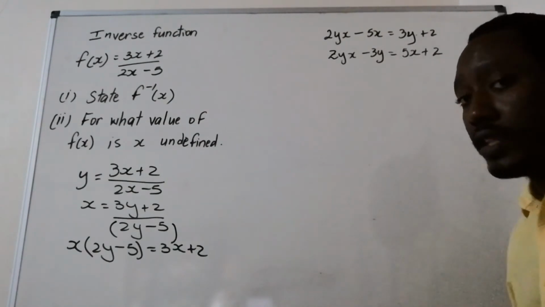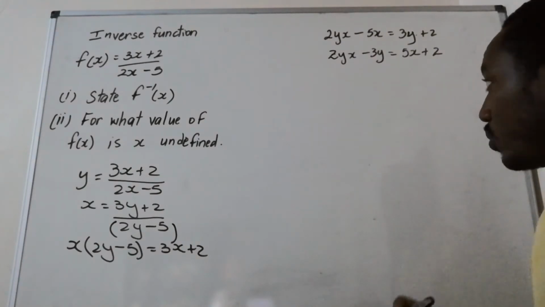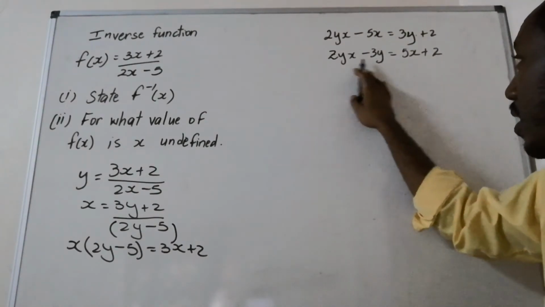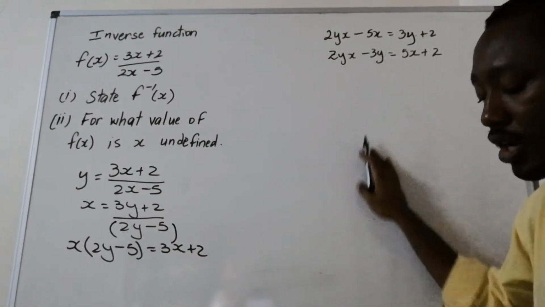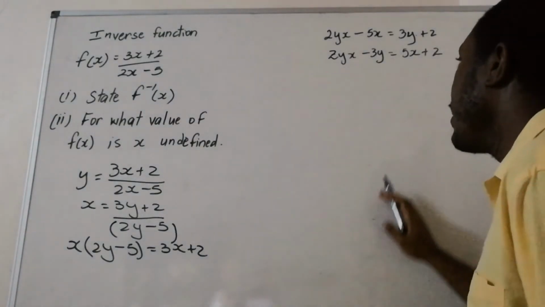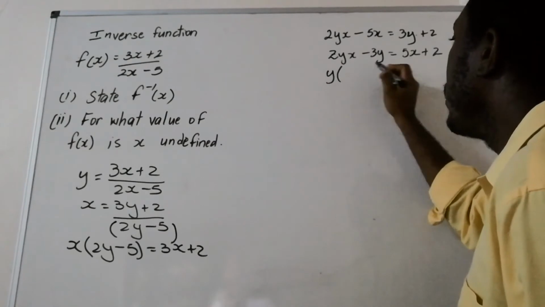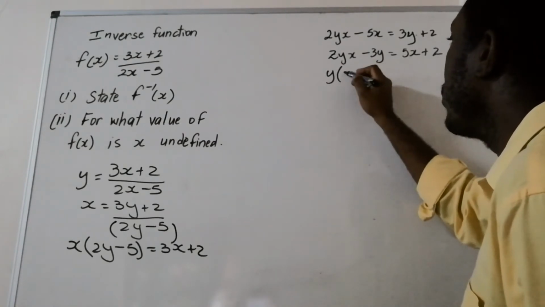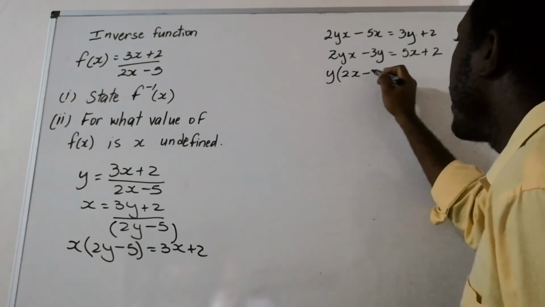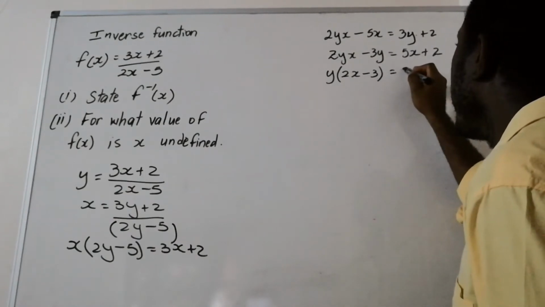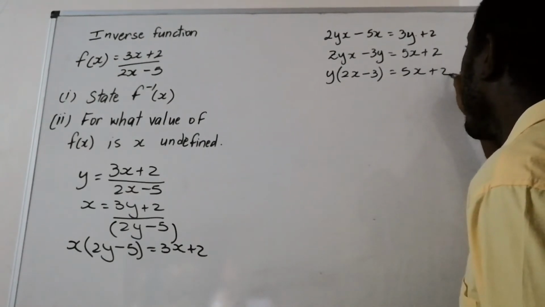Now, our next step, we will factorize our expression on our left hand side. So our common factor is y, so factoring out the y, we will have y times 2x minus 3 is equal to 5x plus 2.